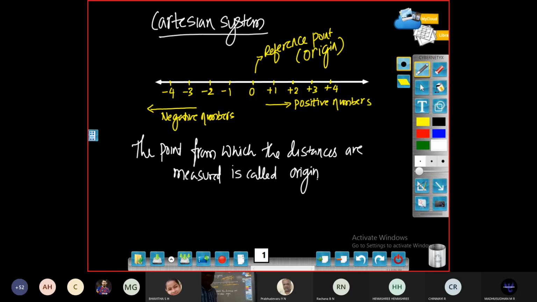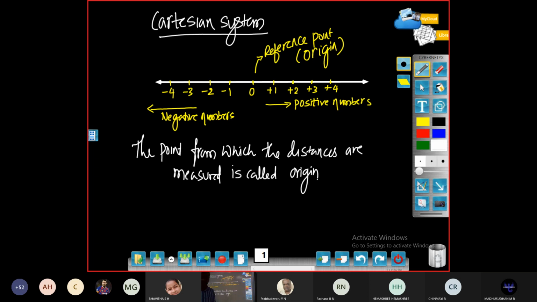But see, using a number line, you can locate one point on the line itself. To locate a point on the plane, this one number line is not enough. One reference point is not enough here. We need the distances from two places.